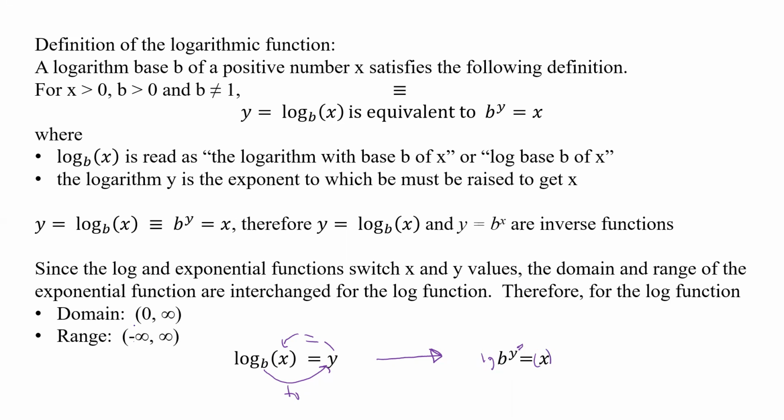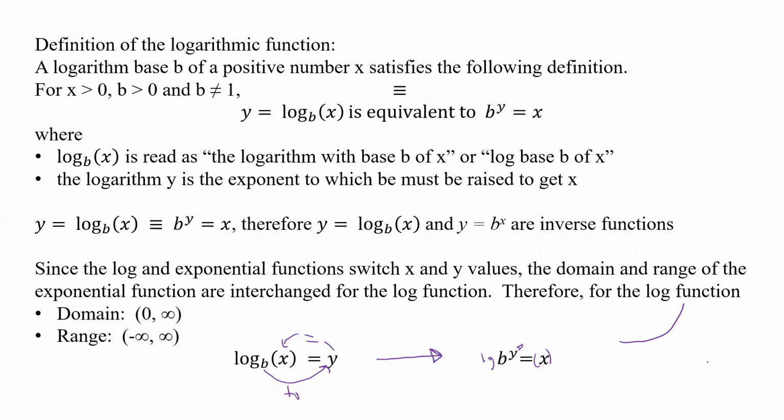Now the key thing here is, with our exponential, that's what it looked like. We had a domain going from negative infinity to positive infinity, and our range was going from 0 up. Well, now with the log, we're not doing that.